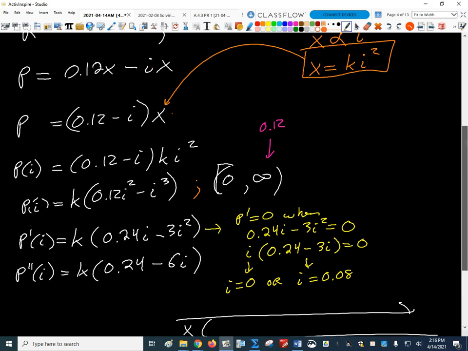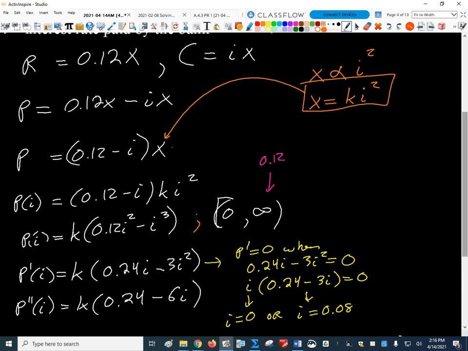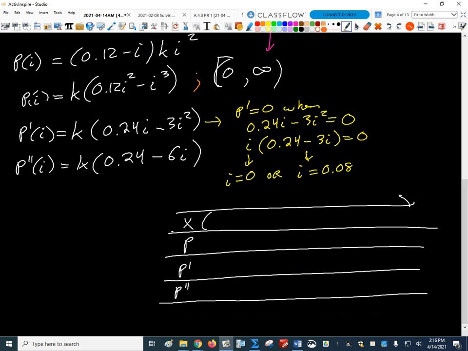In our substitution equation, there's nothing on the bottom, so we could make that a bracket. That's okay. We had 2 critical numbers at 0 and at 0.08. These are both zeros of the first derivative.